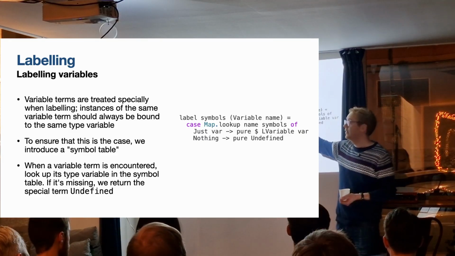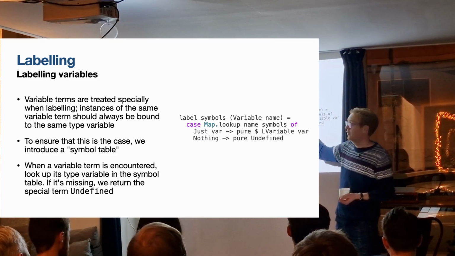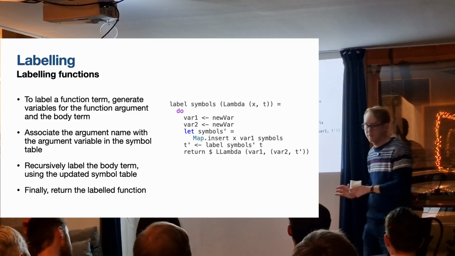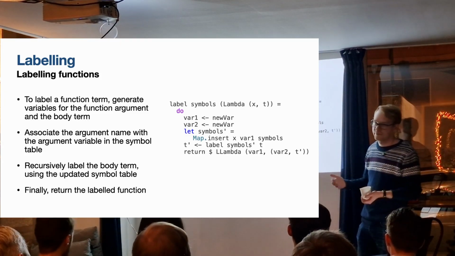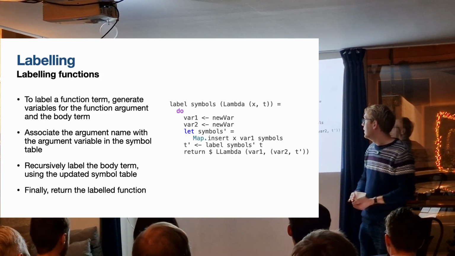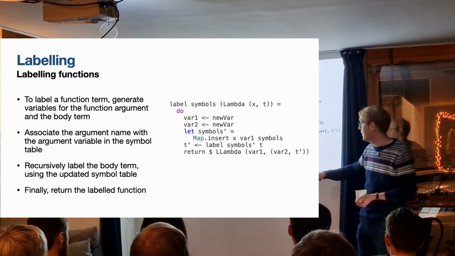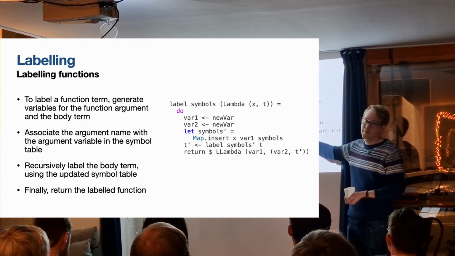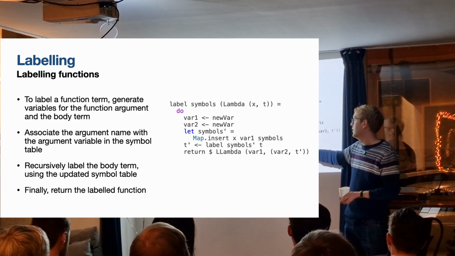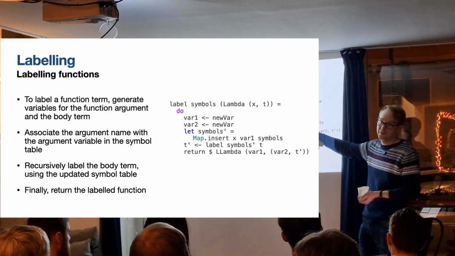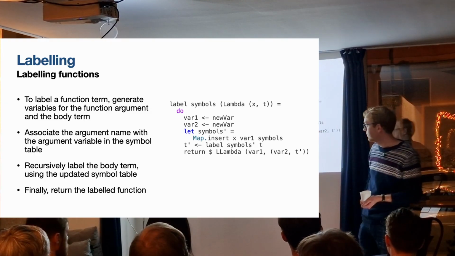So now we have to add this argument to the labeling function, and we use this to track the variable terms we've already labeled. Functions are pretty basic, except that we need to update the symbol table with the function argument that was introduced.